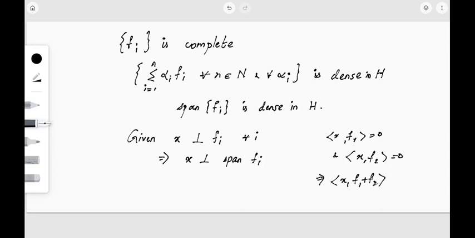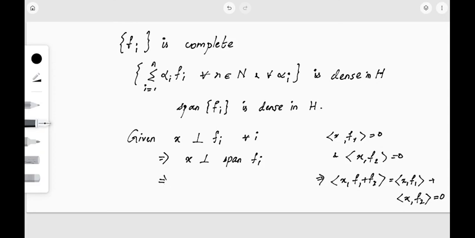Why? This is because this can be written as inner product x, F1 plus inner product x, F2. So if it is orthogonal to Fi for every i, then it will be orthogonal to span of Fi also.